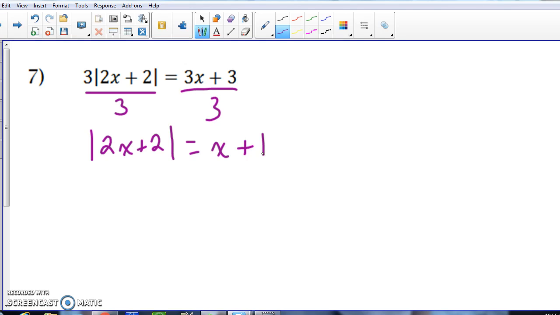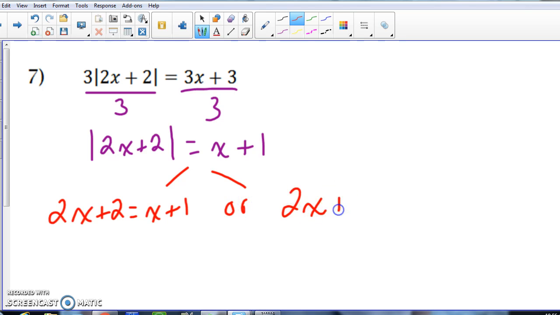Now here again, if I have the absolute value on the left, I need to know when that quantity is x plus 1 units to the left and x plus 1 units to the right. So this is where I'm going to set up my two different cases. So either 2x plus 2 is equal to x plus 1, or 2x plus 2 is equal to.